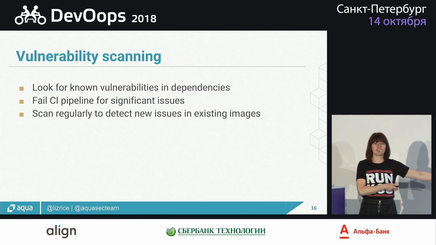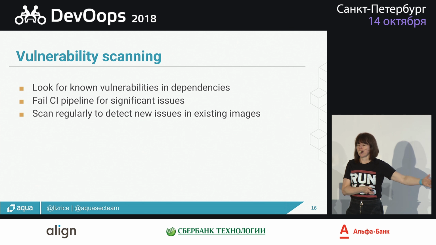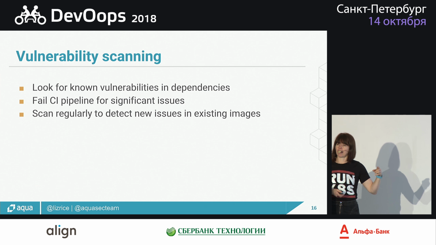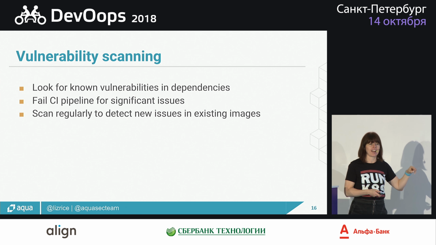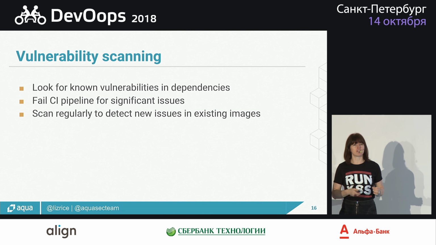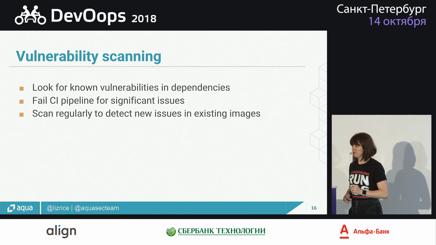They're in code that has existed for a long time. We need to be able to scan on a regular basis to make sure that we find out if our existing code uses some third-party dependency in which a researcher has just discovered an important vulnerability.